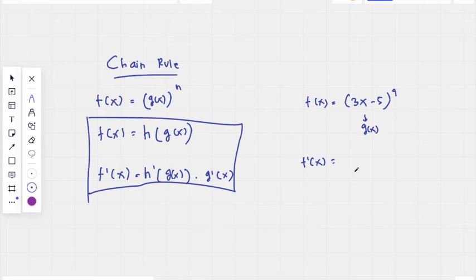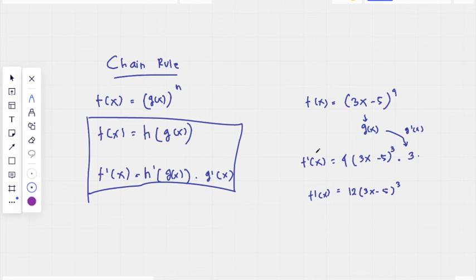So 4 here, and then just rewrite the expression inside the bracket, 3x minus 5, to the power of 4 minus 1 is 3, and then times g prime x, which is 3. So 3 is the first derivative of g(x). Yeah, and then you can simplify: 12 times 3x minus 5 cubed times 3. This is the first derivative of f(x).